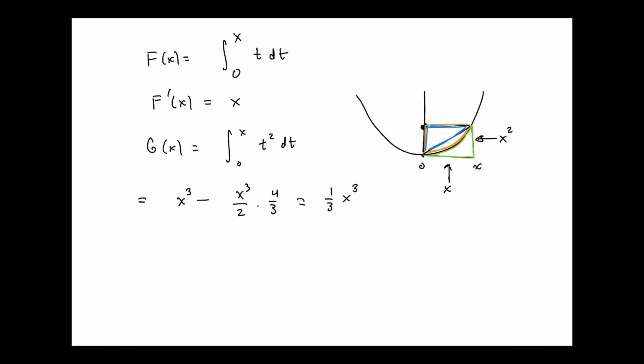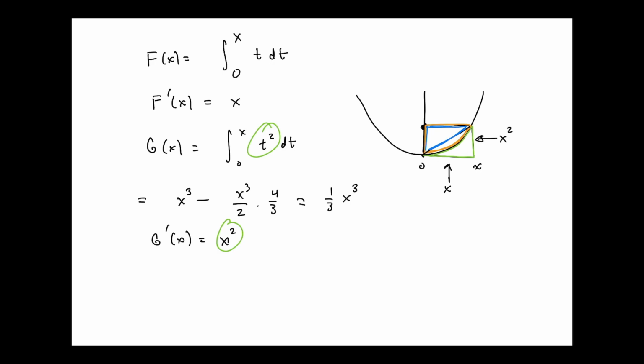Now, what is the derivative of this function? So that's g of x. What is g prime of x? X squared, which is exactly this. So if I had this area function, which I defined as capital G of x, whatever it is, I don't need to know what that function is to know what its derivative is.